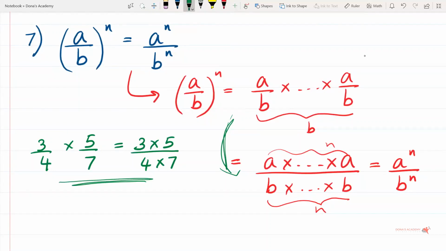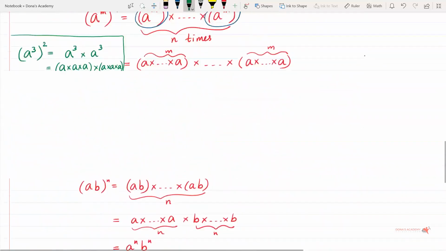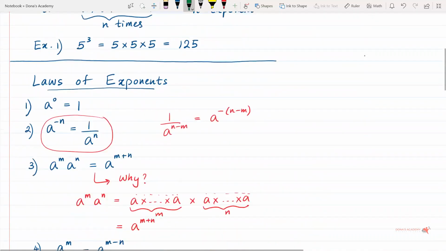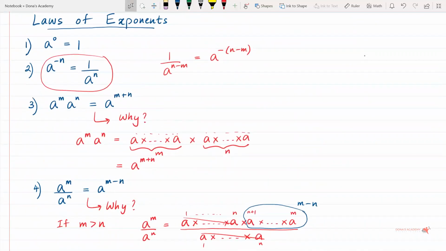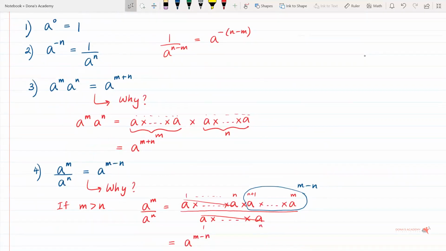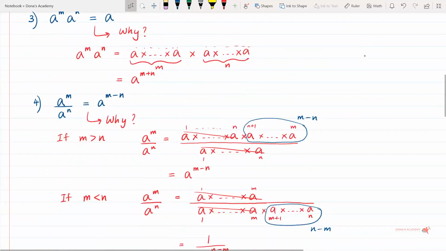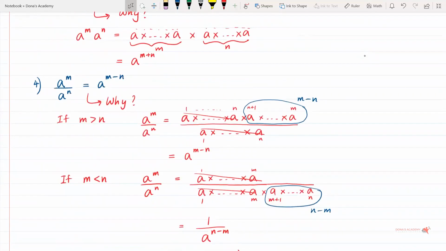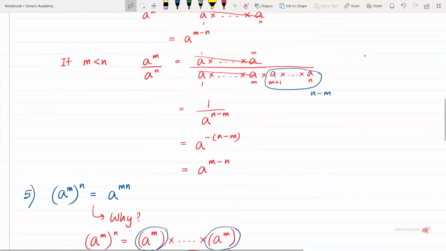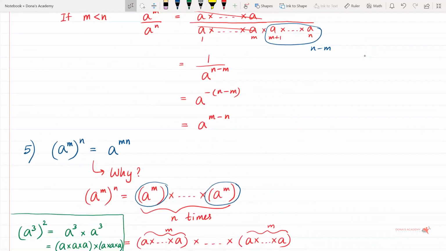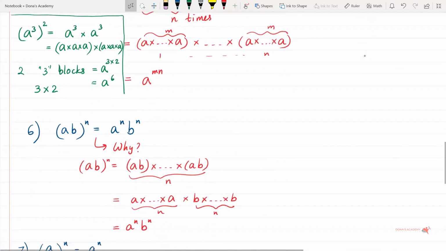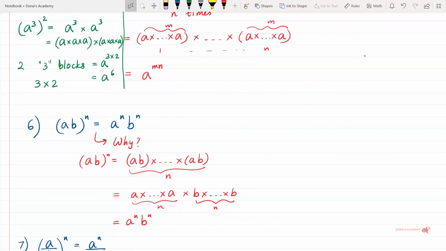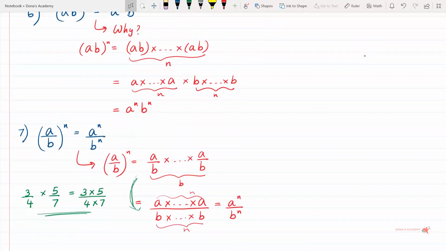Alright, so I'm done with the laws. Let's recap those. First I had a to the power 0, it is 1, and then I had the negative power rule, and then multiplication of the same base powers, addition, division of the same base with different powers, it is subtraction, and power of power, so we had to multiply the powers, and then different bases but the same power, this is the expansion, and different bases, same power division.